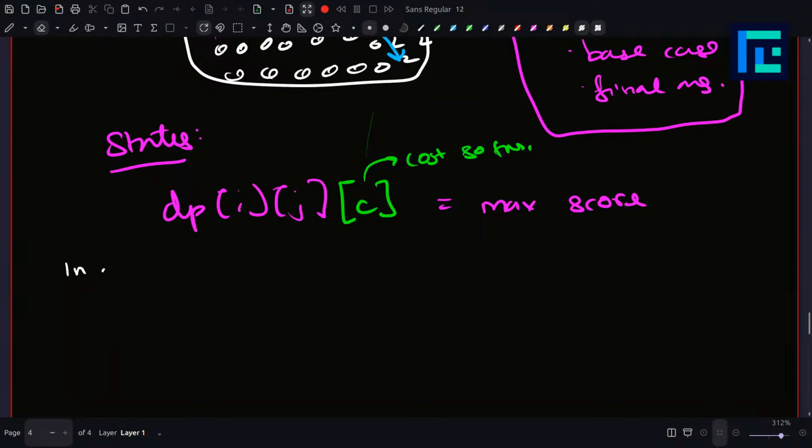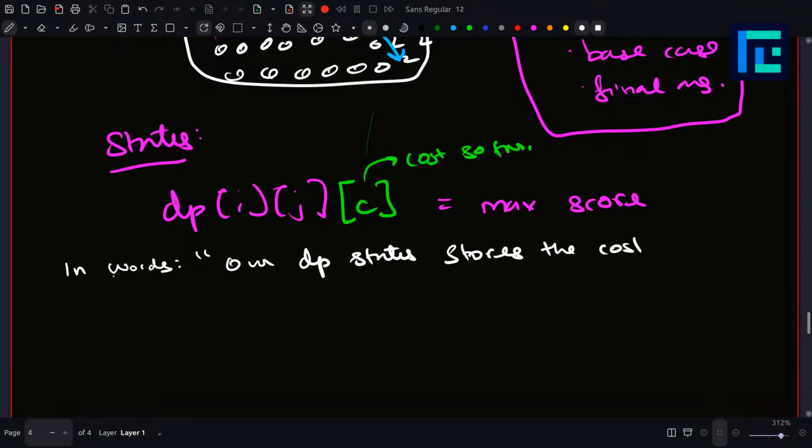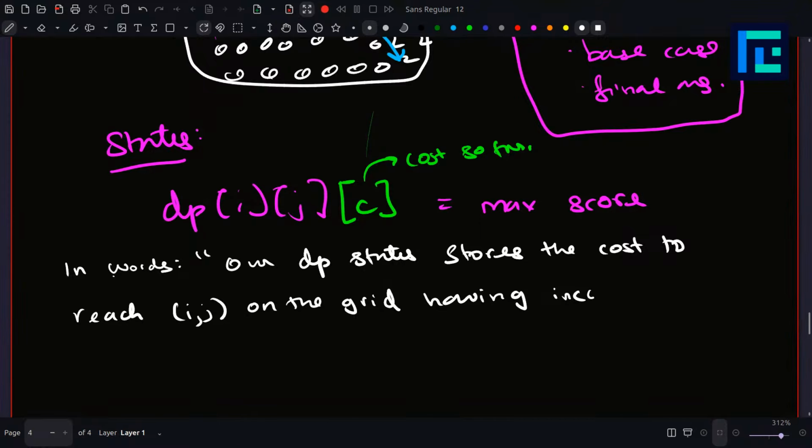In words, we could say that our DP state stores the cost to reach i and j on the grid in the fashion described, right? So moving down and right, starting at 0 0, having incurred a cost of exactly C.